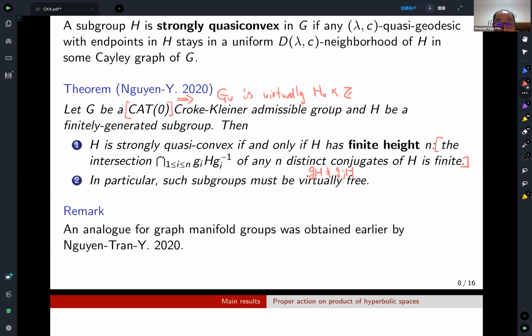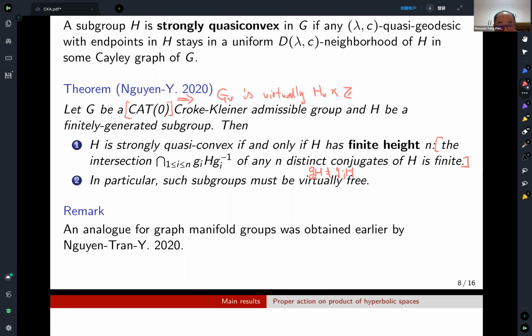So this is an algebraic condition imposed on a subgroup, and we prove it is equivalent to a geometric condition. In particular, as a consequence of finite height, any such strongly quasi-convex subgroup must be virtually free. So this is a very restricted class of subgroups.